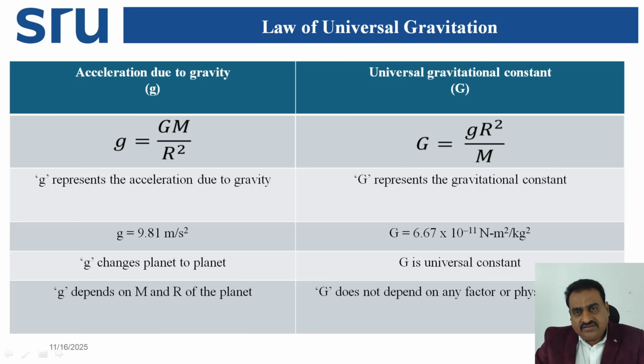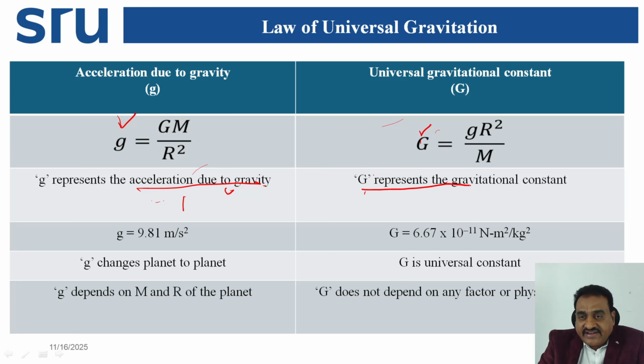So, what is the distinction between acceleration due to gravity and the universal gravitational constant? You know very well, small g equals GM by r square, and capital G equals g r square by M. Small g represents acceleration due to gravity.